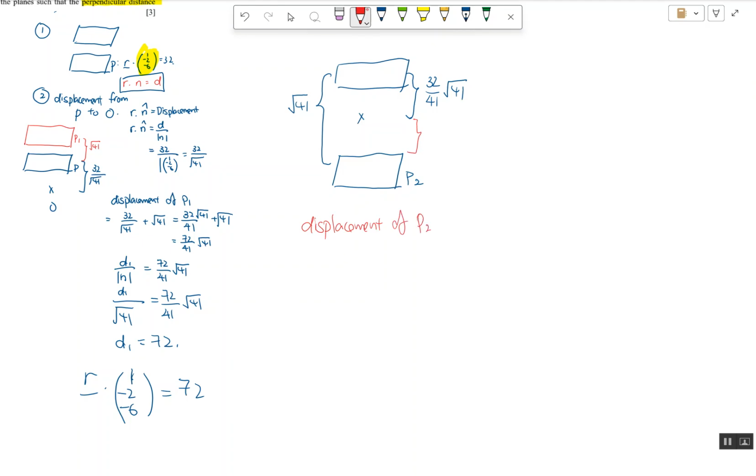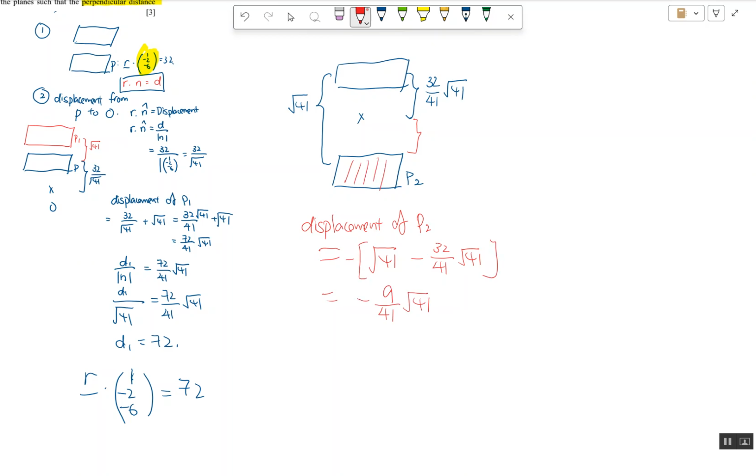That will equal square root 41 minus 32 over 41 times square root 41. Treat the square root 41 as one whole, as an x, so that will be 9 over 41 times square root 41. But this plane is below the origin, so I need to put a negative sign.